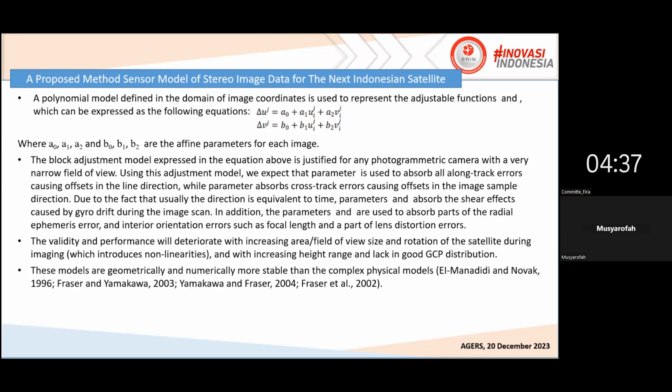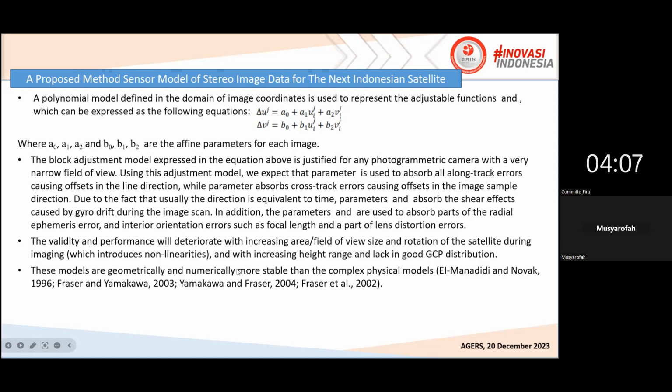Using this adjustment model, we expect that parameter A0 is used to absorb all along-track errors, causing offset in the line direction, while parameter B0 absorbs cross-track error, causing offset in the image sample direction. Due to the fact that usually the line direction is equivalent to time, parameter A1 absorbs the shear effect caused by drift during the image. In addition, the parameters are used to absorb part of the radial ephemeris error and interior orientation error.